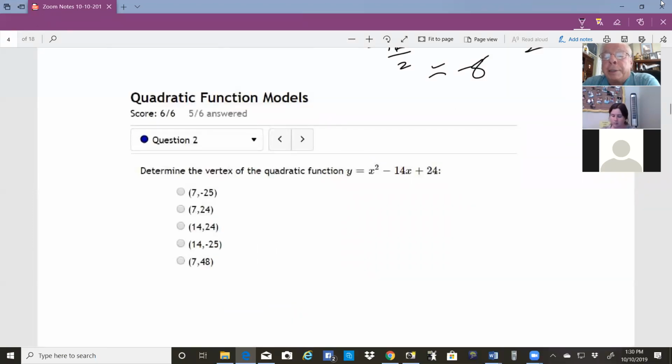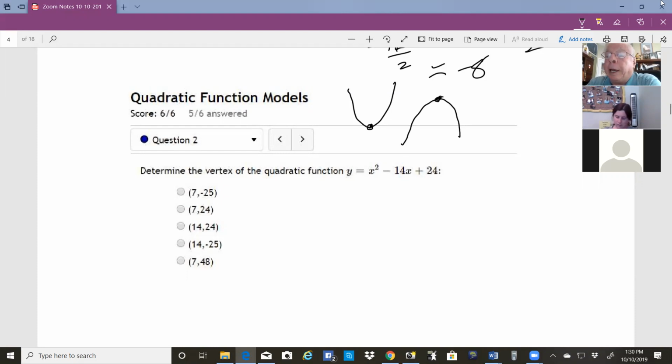The vertex of this quadratic function is always going to be either the low point or the high point. Okay.